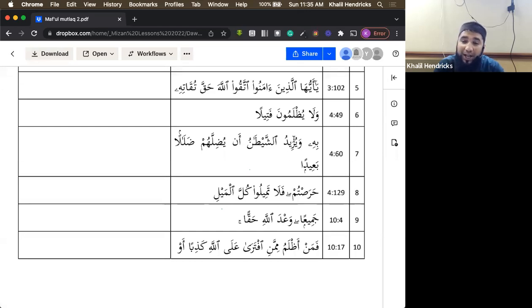So now what is omitted? Dhulman is omitted, right? And fatila is actually the description for dhulman. So what we do is we just call that description the maf'ul mutlaq. The masdar is missing, but the description of that masdar is there.